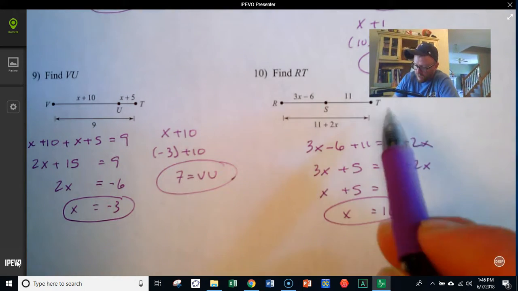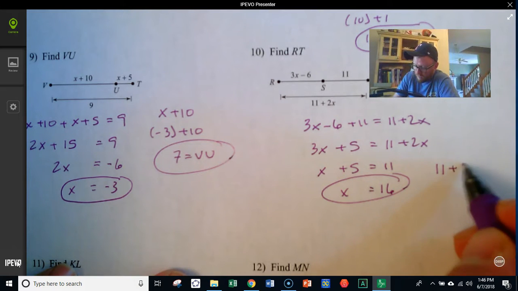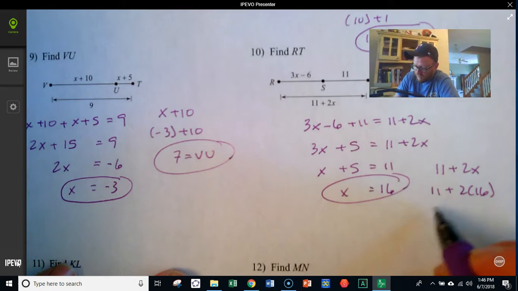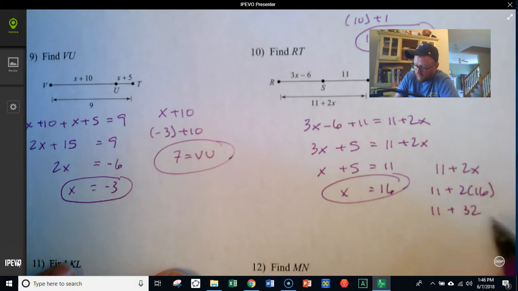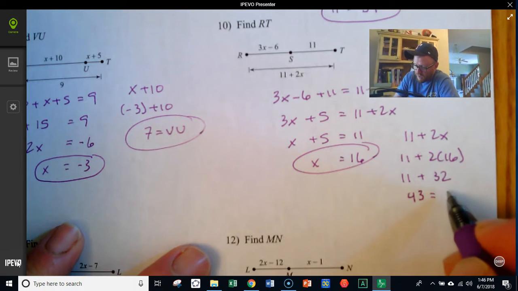Trying to find RT. That's 11 plus 2x. 11 plus 2 times 16. 11 plus 32. That is 43 equals RT.